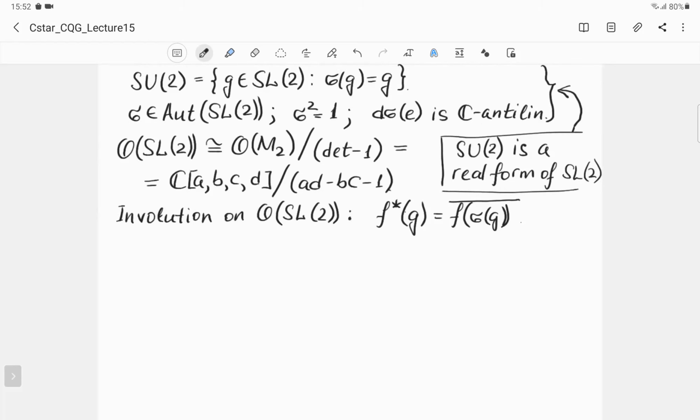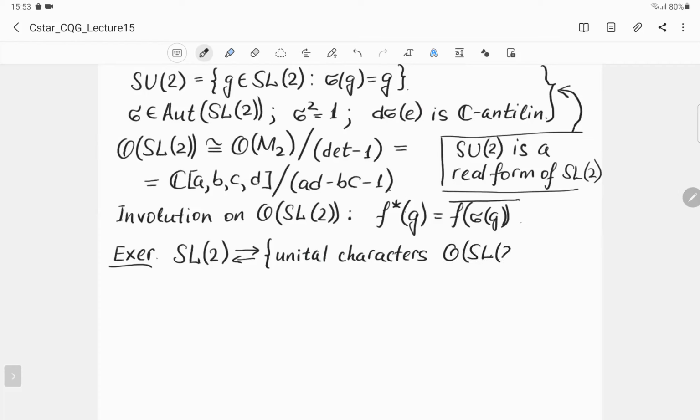By the way, we can now reconstruct both SU2 and SL2 from this algebra. The following is a simple exercise. SL2 is nothing but the set of all unital characters. There is a one-to-one correspondence between SL2 and the set of all unital characters of this algebra. The correspondence is more or less obvious.